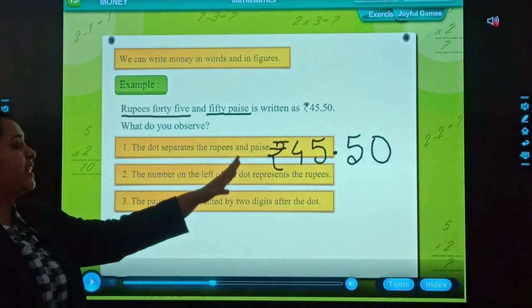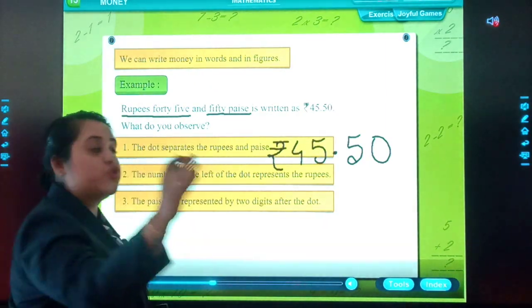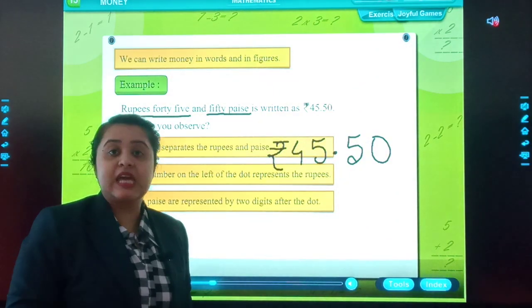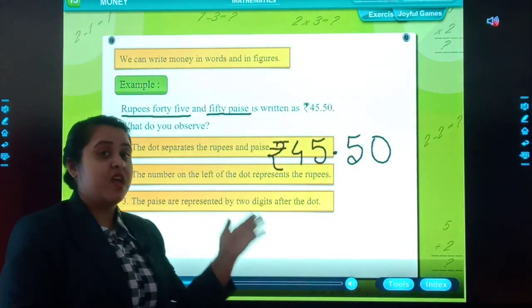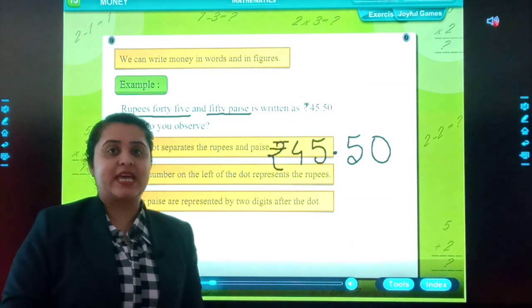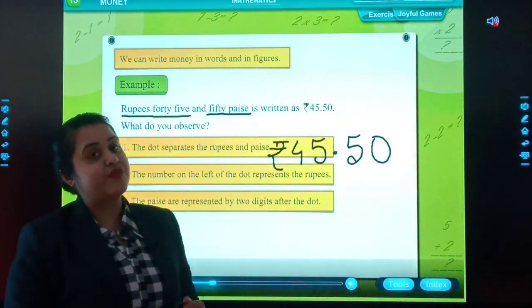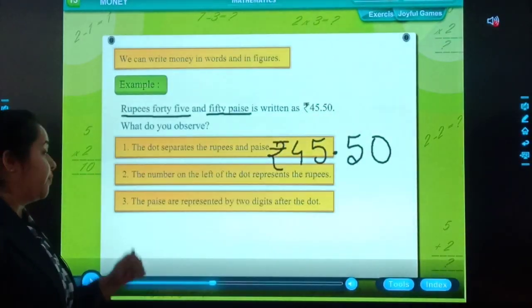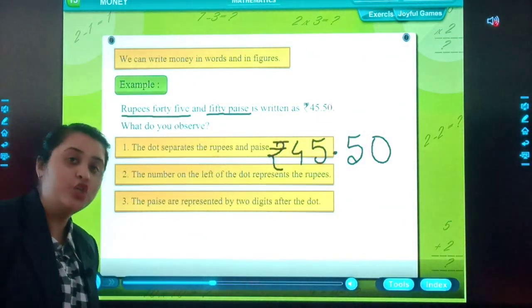The number on the left hand side of the dot represents the rupees, and the numbers which are after the decimal, or I can say right hand side, that represents the amount of paise. As you can see in the third point, the paise are represented by 2 digits after the dot.